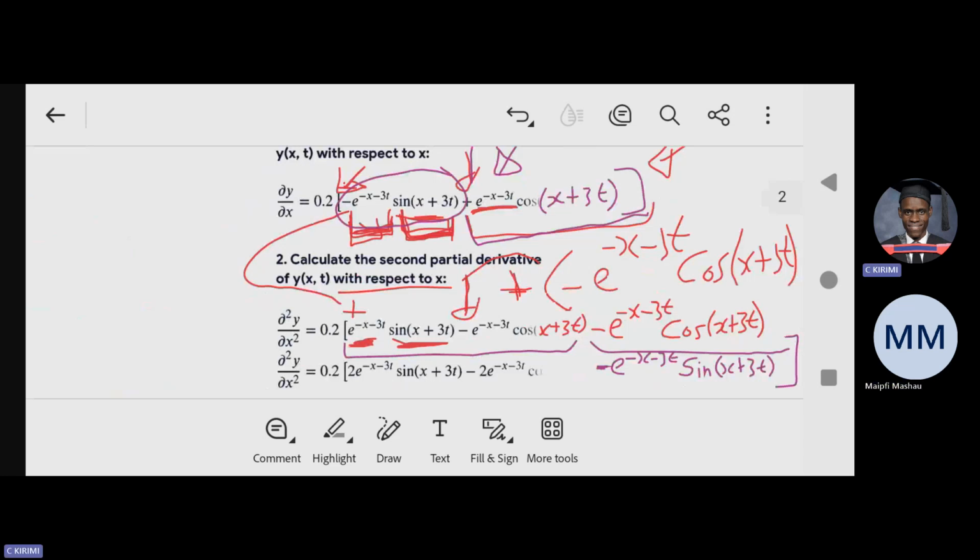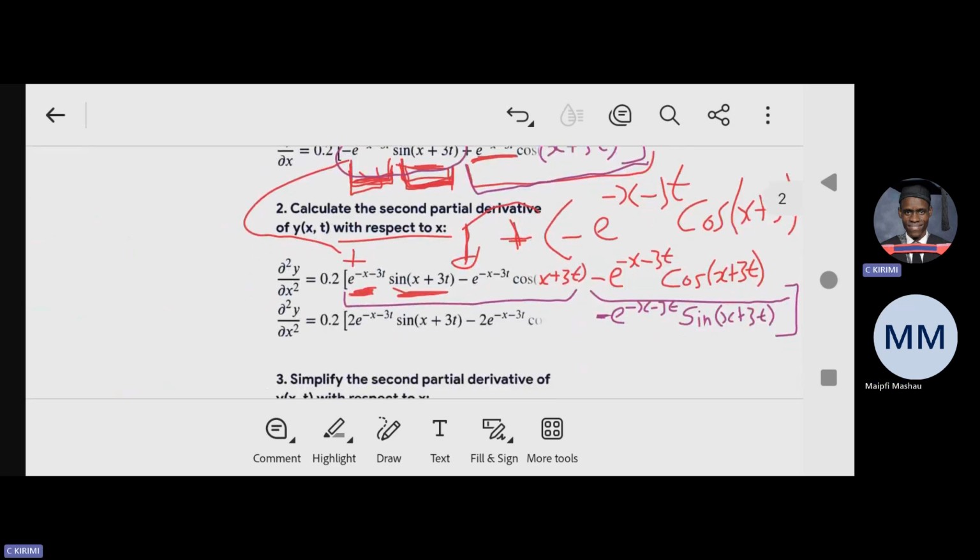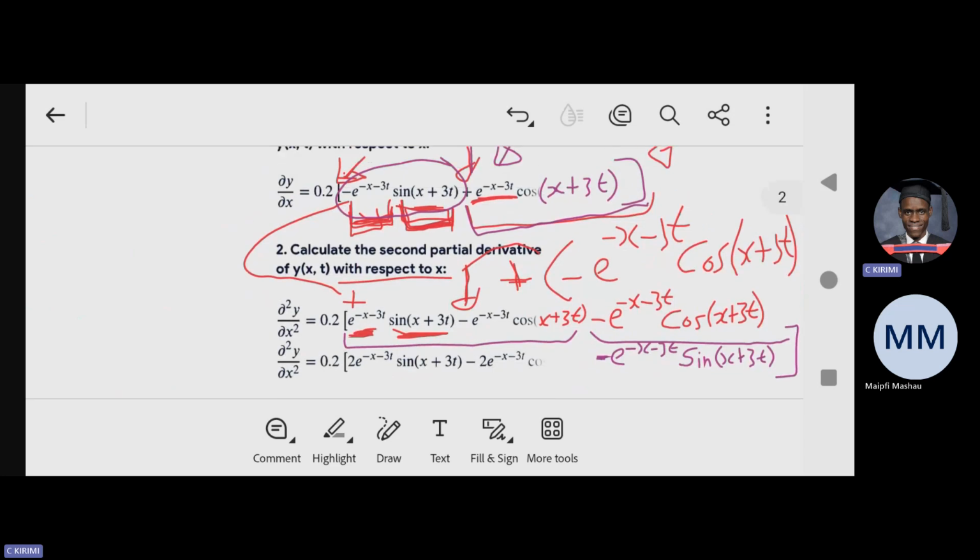So the question is, why are we having a 2 and also a 2 cos? One was supposed to be vanishing, and the other one is not disappearing.